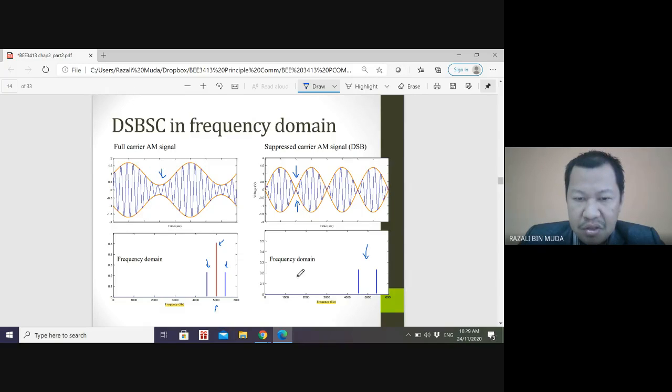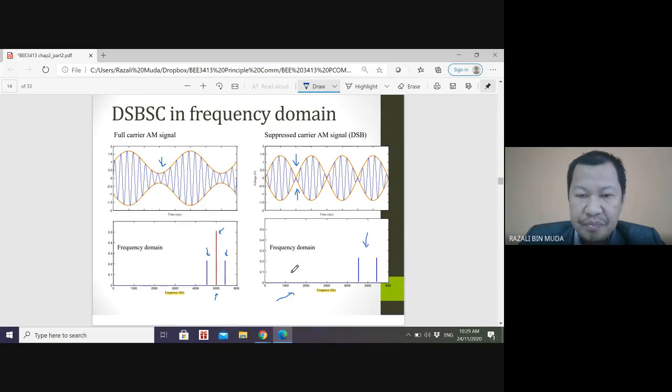Basically you cannot derive straight away from this signal to this signal. What you do is you connect the signal to a spectrum analyzer in order to get this kind of signal in frequency domain.